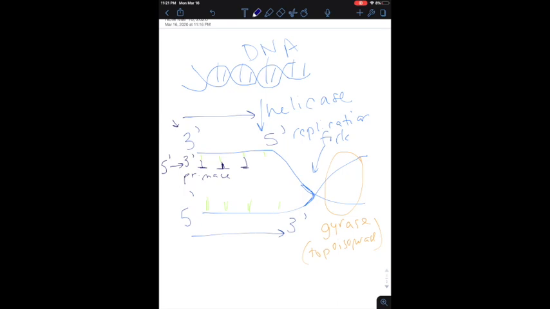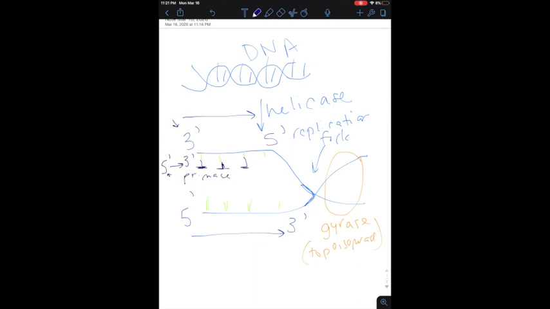So the primase is laying it at the 3' end of the parent strand, so that way DNA polymerase can make the new strand from 5' to 3'. So primase laid down the starting nucleotides, which is going to tell DNA polymerase 3 where to go.